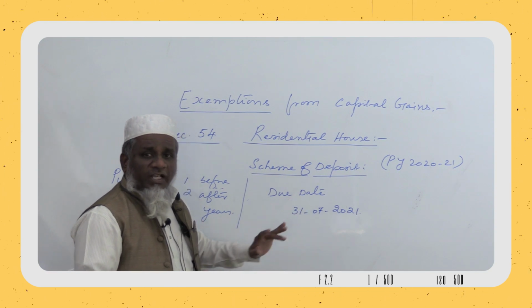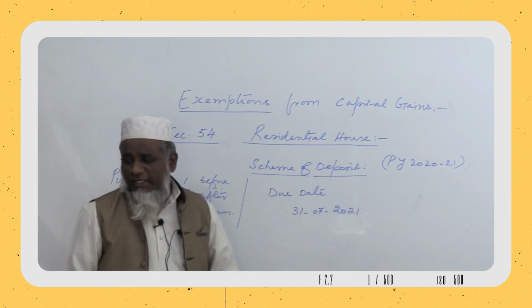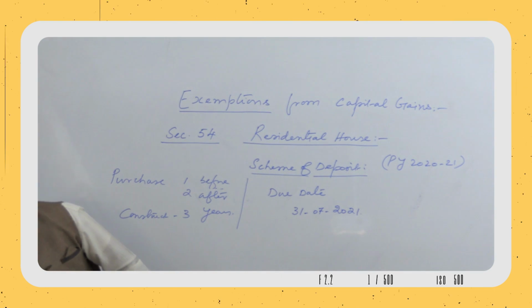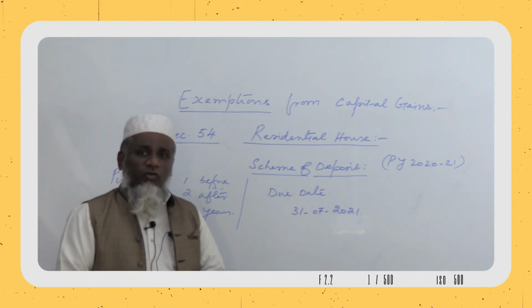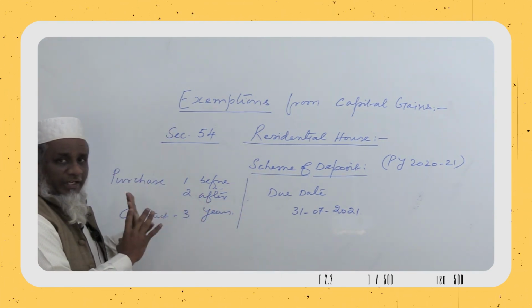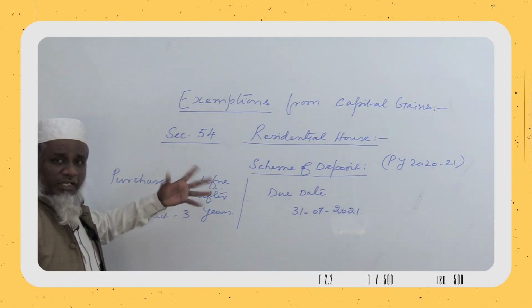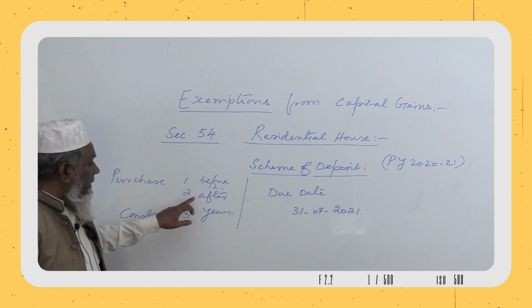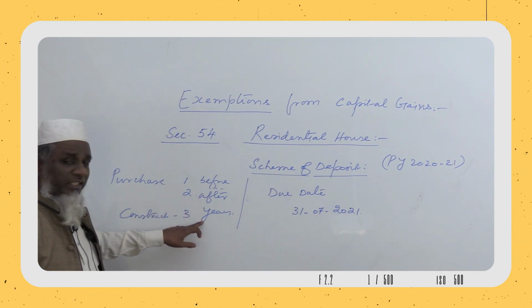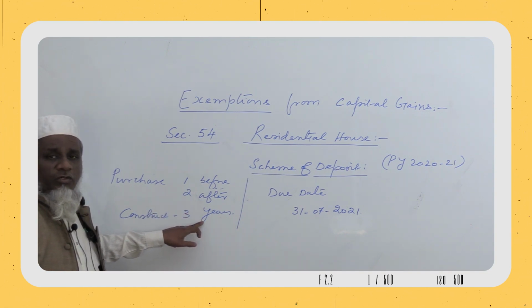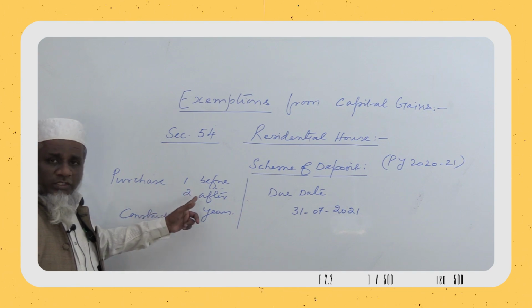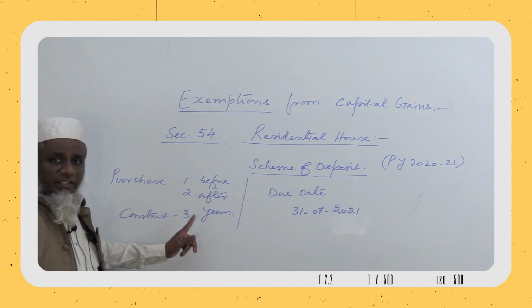Now, after determining this due date, when we want to claim exemption under section 54, you should be very clear. There is 1 year before, no question arises. 2 years after or within 3 years: I am allowed to purchase within 2 years, and to construct in another 3 years.